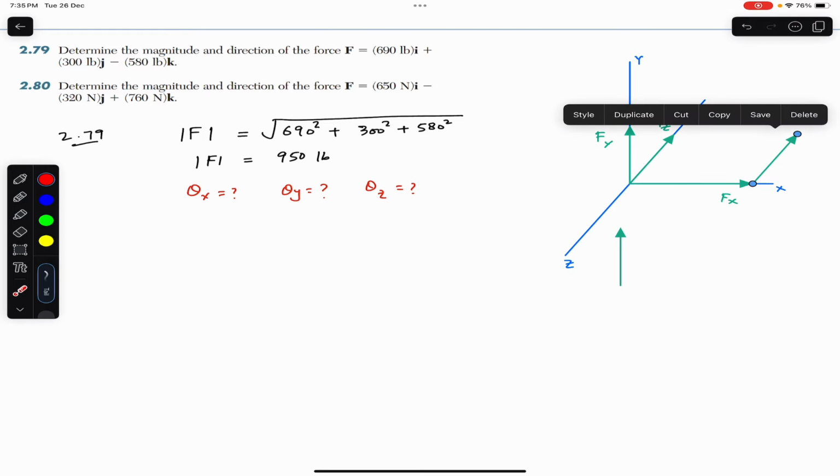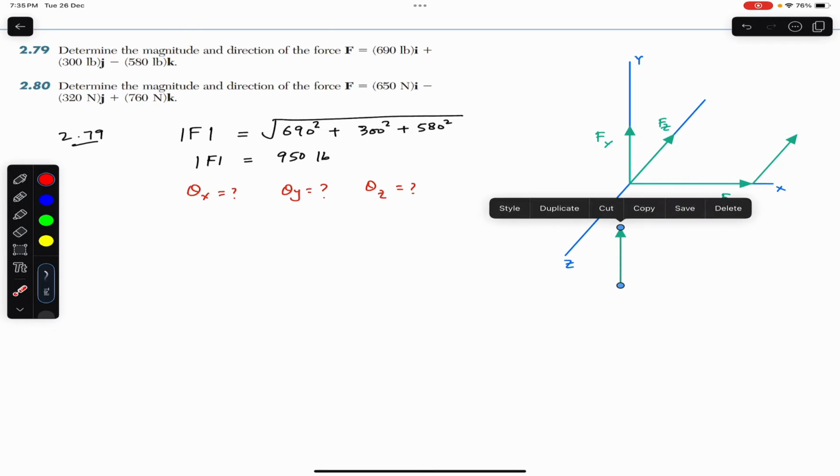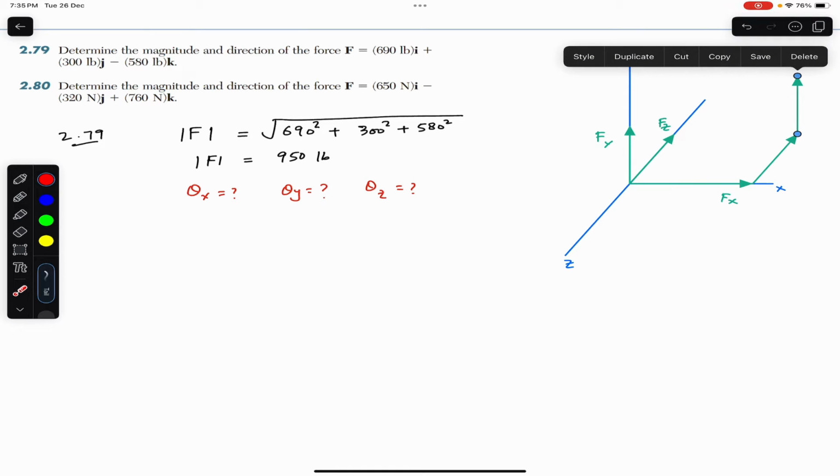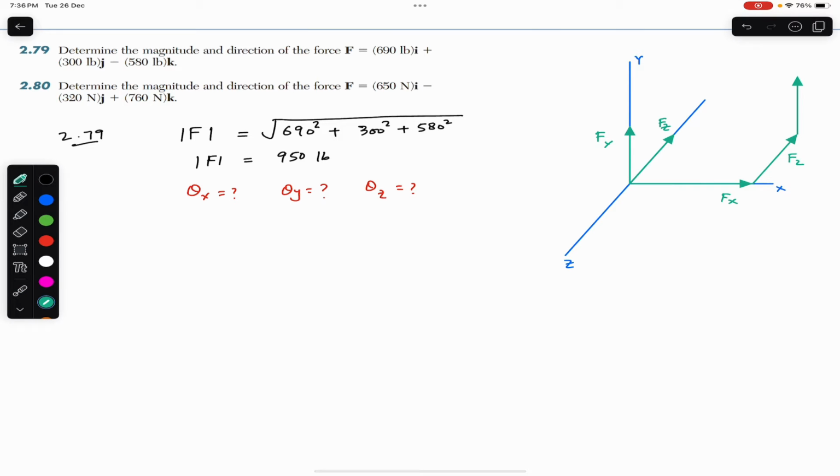So this is fx, this plus fz plus fy. The order doesn't matter, right? We can add them in any order, right? So this is f of x, this is fz, and this is f of y, and the resultant will give us the force F vector. So this is that force F vector.